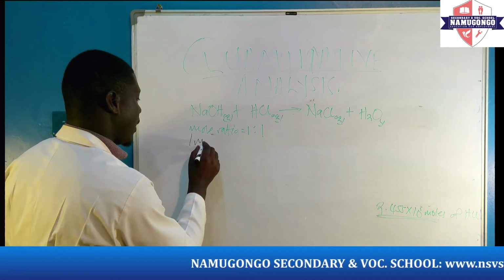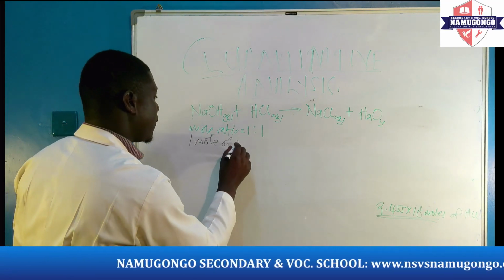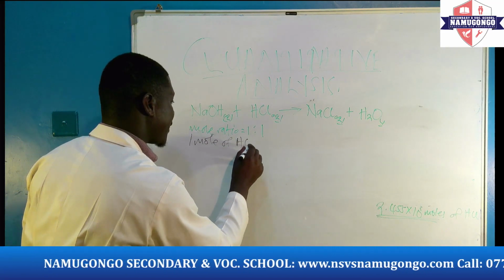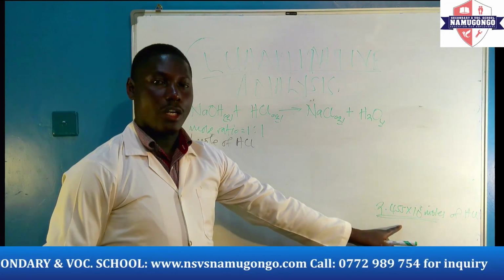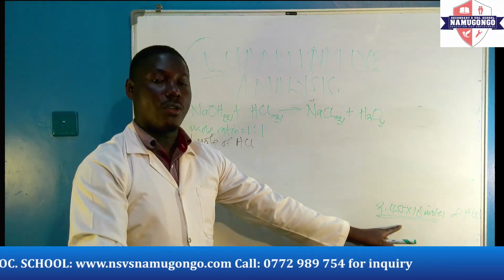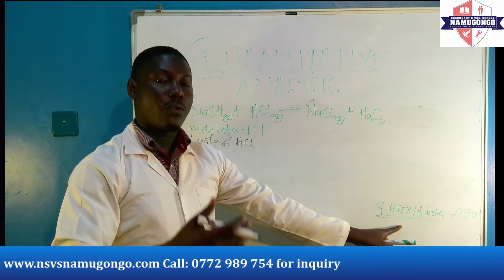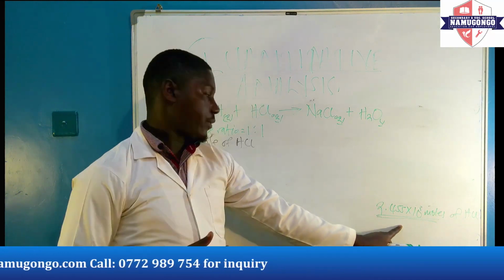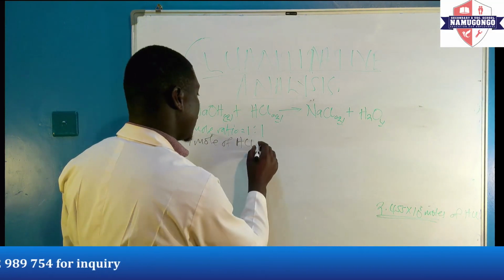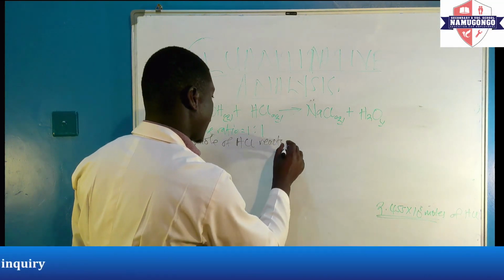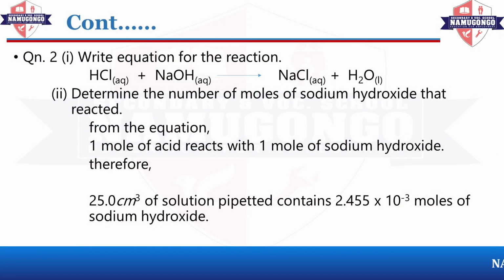So we can also use mole ratio in first principles by saying, from this ratio, if 1 mole of hydrochloric acid, why are we starting with hydrochloric acid? Because it is what we know, and we are finding out sodium hydroxide which we don't know. Here we calculate from known to unknown. So 1 mole of hydrochloric acid reacts with 1 mole of sodium hydroxide solution.